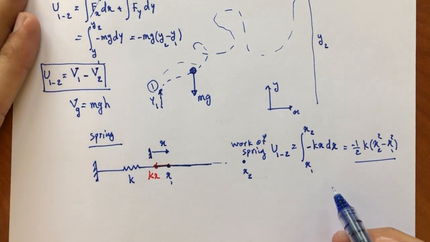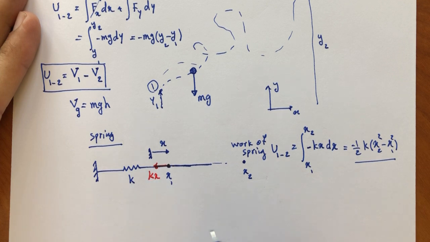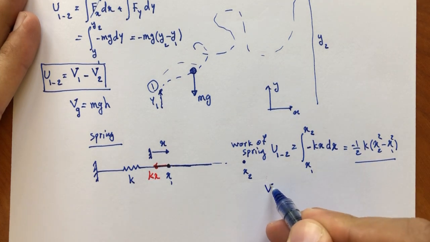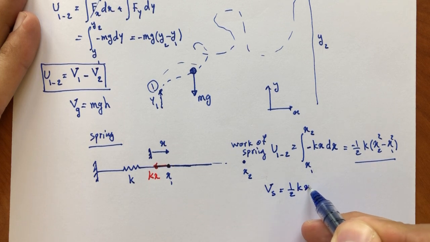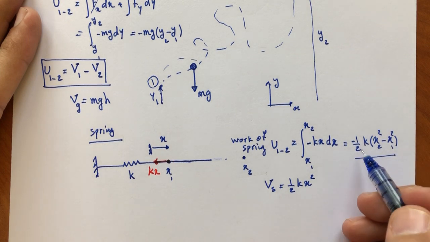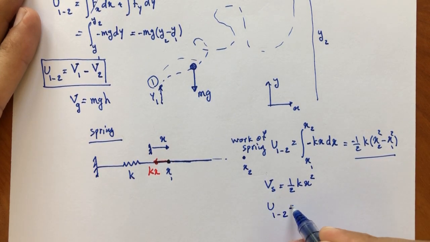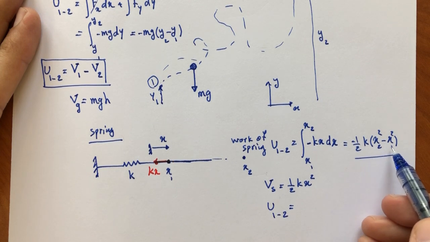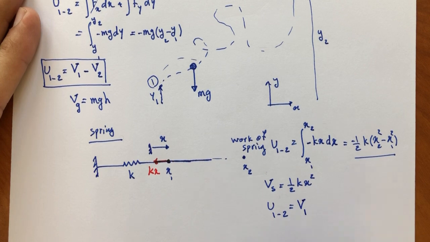Also, if you remember from physics again, the potential energy of the spring, which I'm going to show with Vs here, is 1/2 of kx squared, where x is the stretch of it. And here you can write the work of the spring force as 1/2 of kx1 squared, which is V of the spring at 1, minus V of the spring at 2.